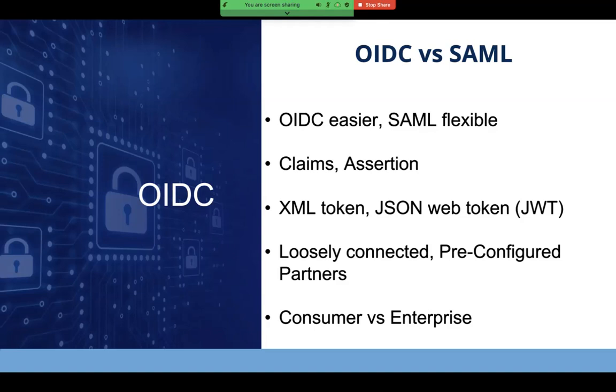OIDC is, what's the benefit of OIDC then? If I have SAML out in the market, well, OIDC is simple. It's easier to do, easier to maintain. It doesn't require a lot of complexity. It's very small format. It works on a lot of different platforms. It works in services. It works in mobile, and it doesn't require a lot of additional pieces, right?